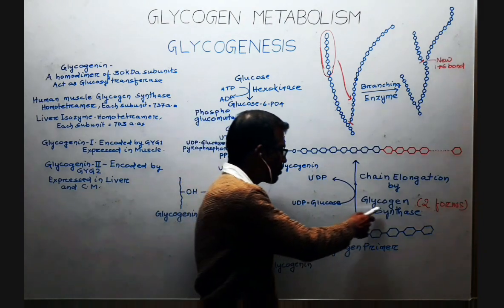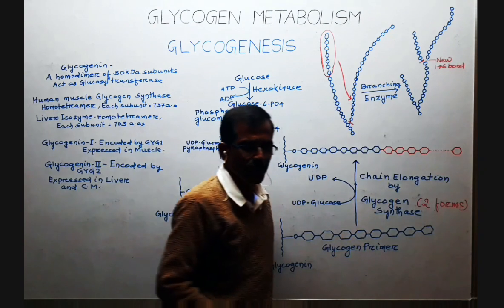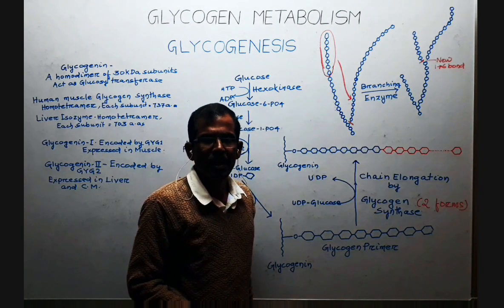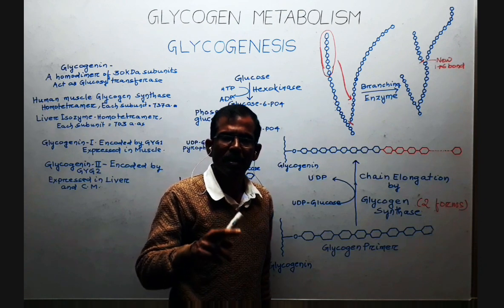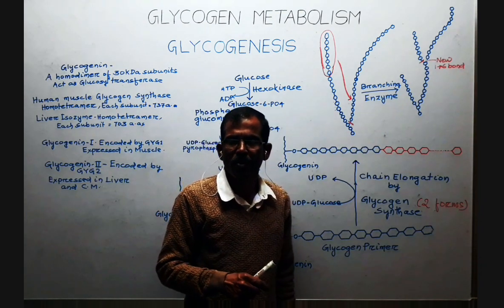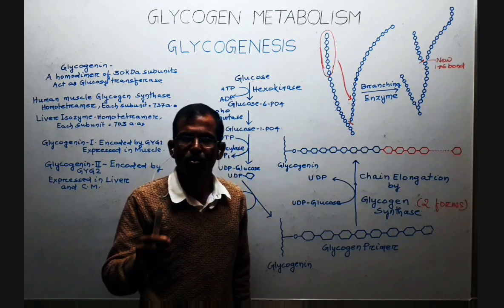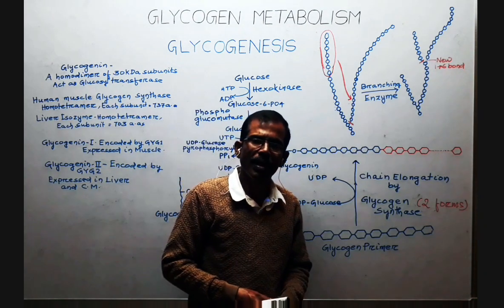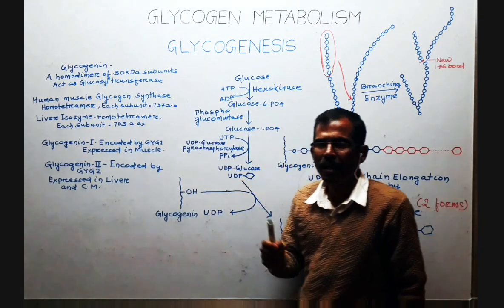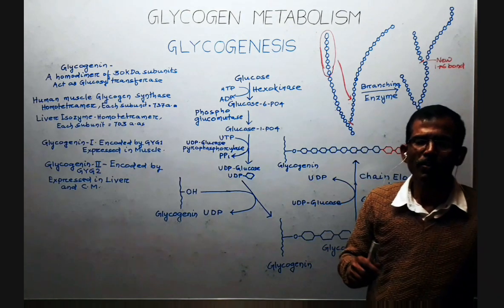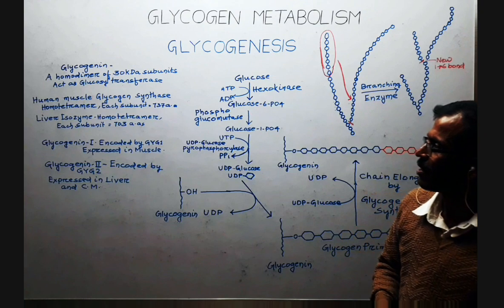So the enzyme glycogen synthase is responsible for chain elongation, and this enzyme exists in two enzymatically interconvertible forms. One is the original dephosphorylated form, which is more active, and the other is the phosphorylated form, which is less active. In humans, there are two isoforms of glycogen synthase.